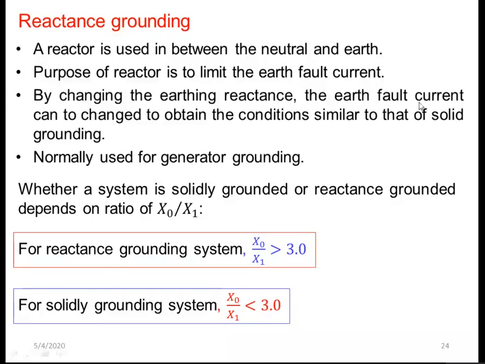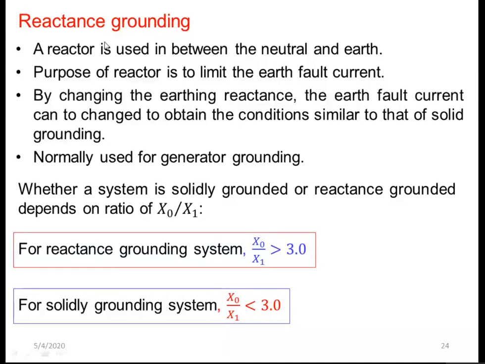That means we can design it, depending upon the expected magnitude of the earth fault current, by changing the reactance here. And thus it is possible that we can vary the reactance range, and also achieve conditions very similar to the case of a solid grounding system.